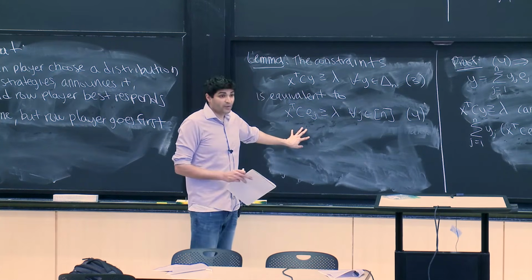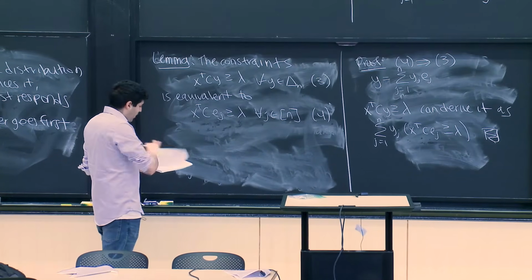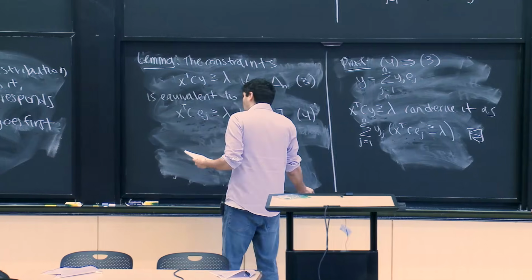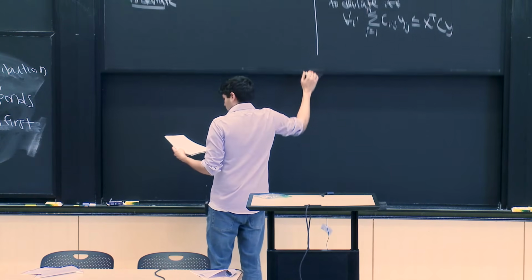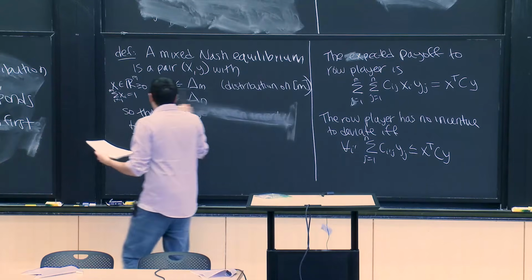Once we have this lemma, now let's prove the Minimax theorem. And because we already have all of the tools of linear programming duality, we're just going to prove it by appealing to LP duality. So let's prove the Minimax theorem using this helper lemma.